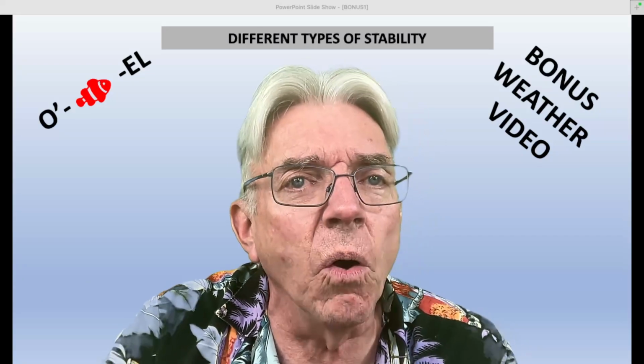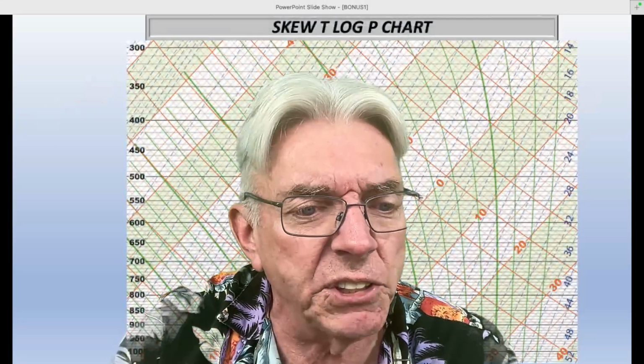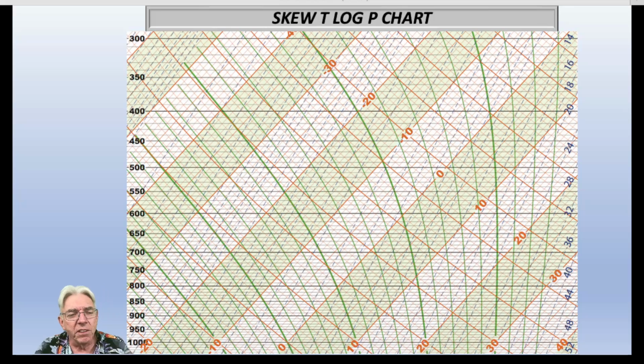Okay, so let us move on here and talk about this. Every time I show this diagram, I get scared that I'm going to scare you. But this is what we call a skew-T log P chart. That stands for the fact that the lines of constant temperature are skewed. They're not horizontal or vertical, but they're skewed.